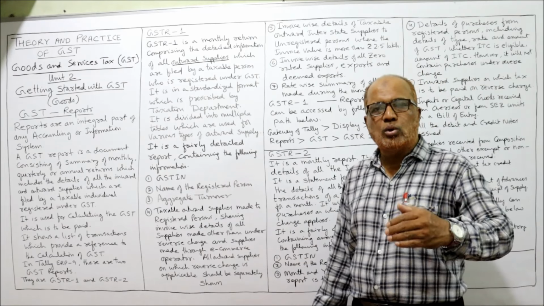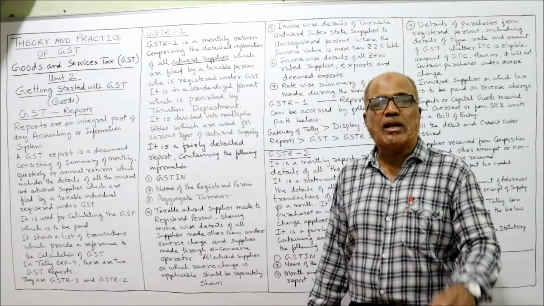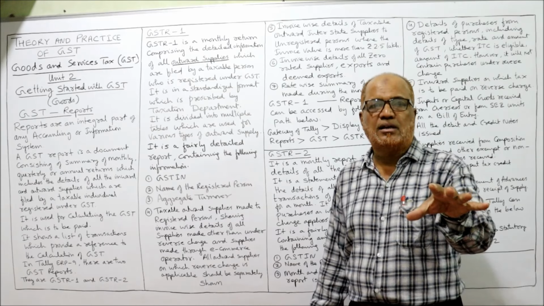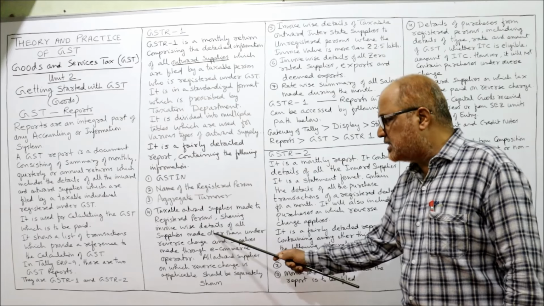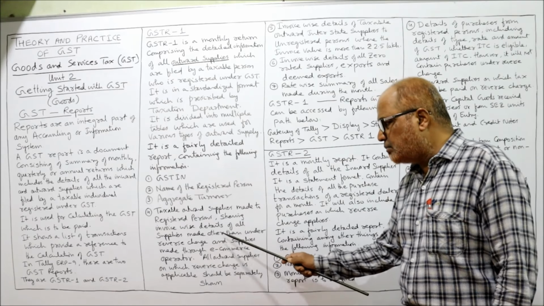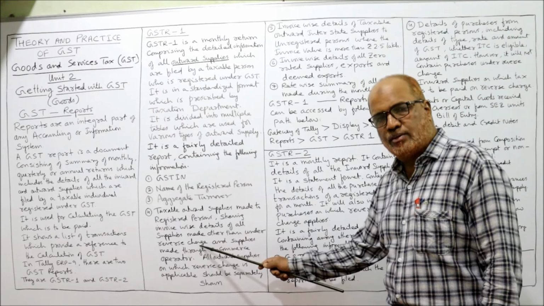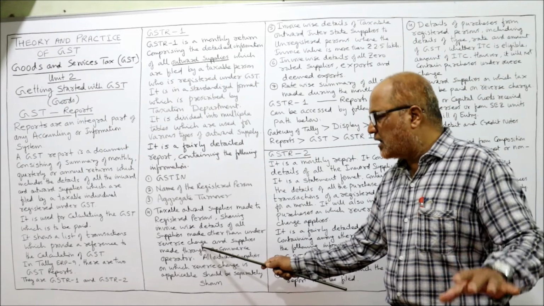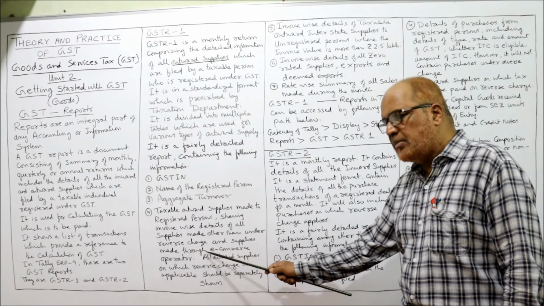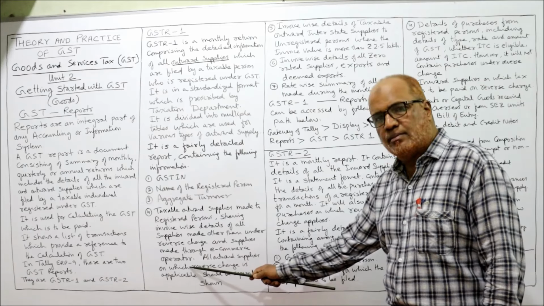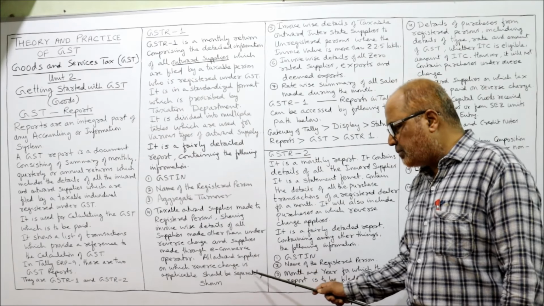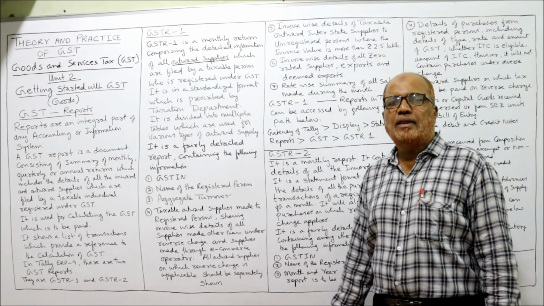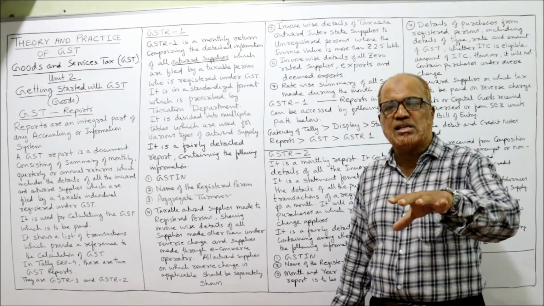That means when the goods are supplied to registered persons, the details are required, showing invoice-wise details of all supplies made other than under reverse charge. Excepting reverse charge and supplies made through e-commerce operators, all outward supplies on which reverse charge is applicable should be separately shown. That means where reverse charge is applicable.